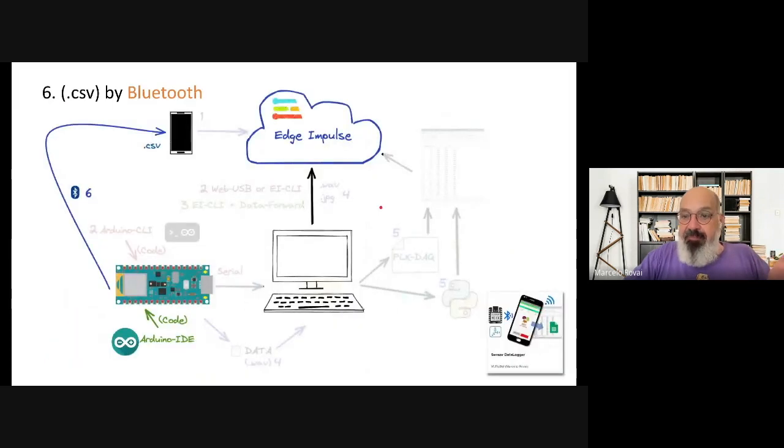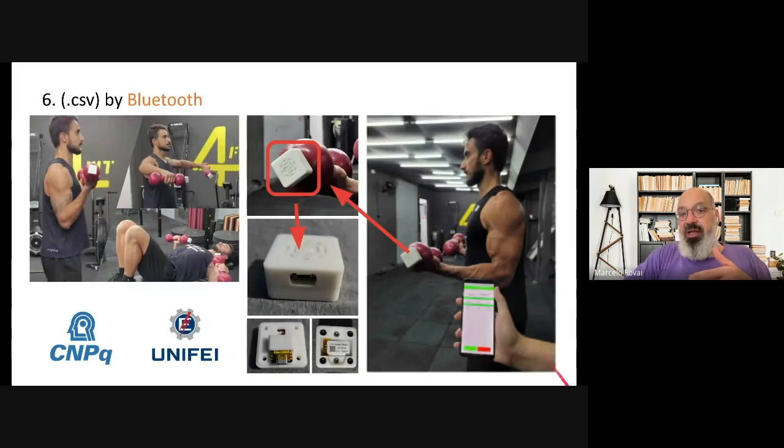I wrote a tutorial, you can find it here, where I explain how to do that. In fact, I think that when I did the tutorial, I only took the accelerometer data and sent it to the spreadsheet. But for the project, what the students did was use 6 axes, not only the accelerometer.